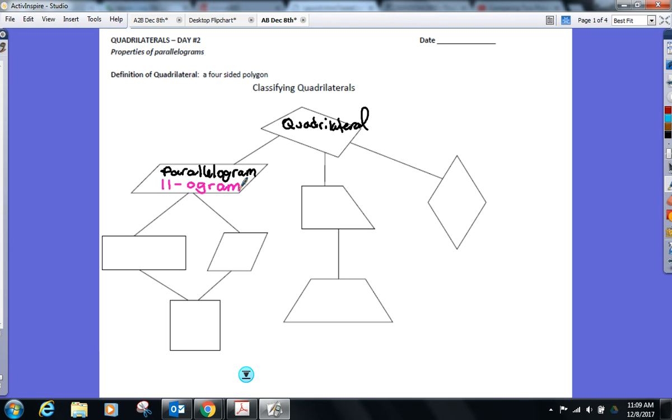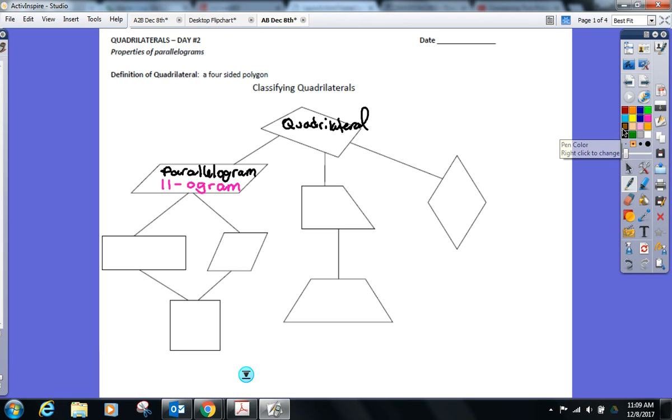Please do not be embarrassing and say, what did you mean by 11-ogram? Nope, it's the parallel symbol for parallelogram.